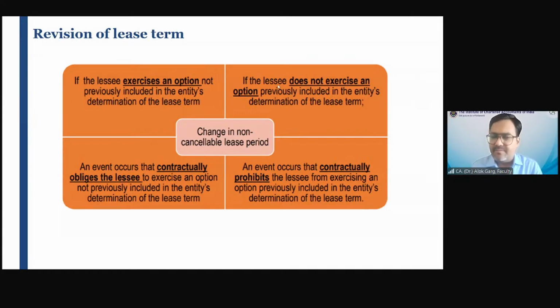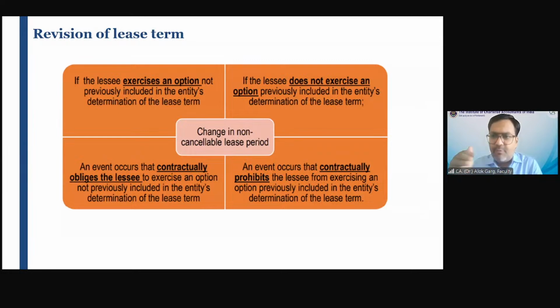After 3 years, right, in the market, the price of the property has started going down, and hence the rental has also started going down. So now the lessee is thinking that once my non-cancelable period will be over, because I have to pay for the non-cancelable period, so once this will be over, I will shift to the new premises.